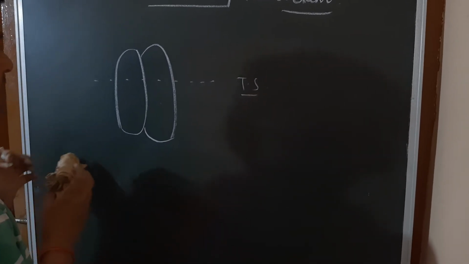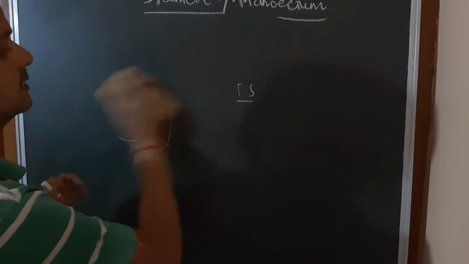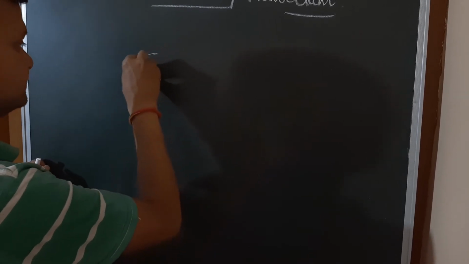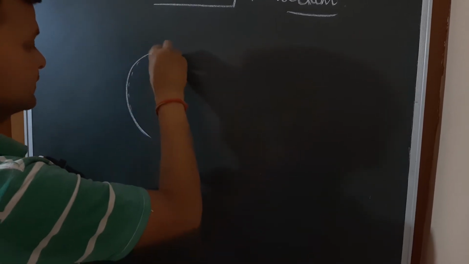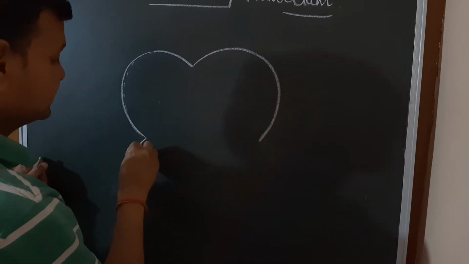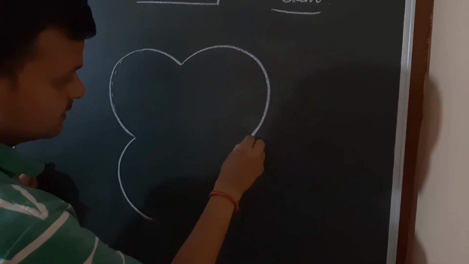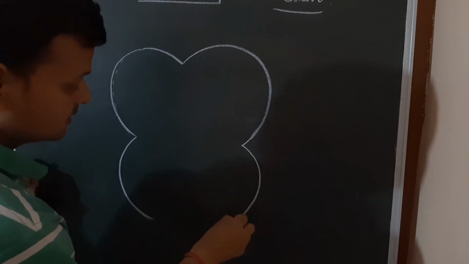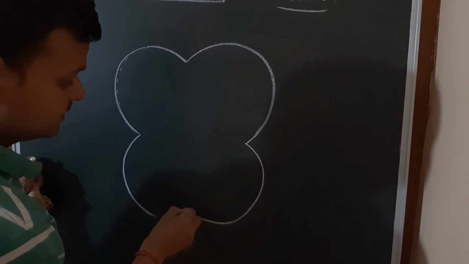To show that structure, I have to rub it. The cut surface we are going to see here will be visible in this way. This is the outline for the cut surface.